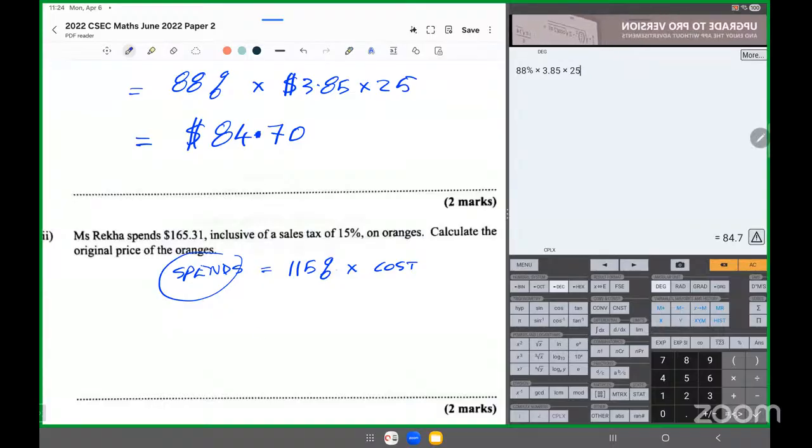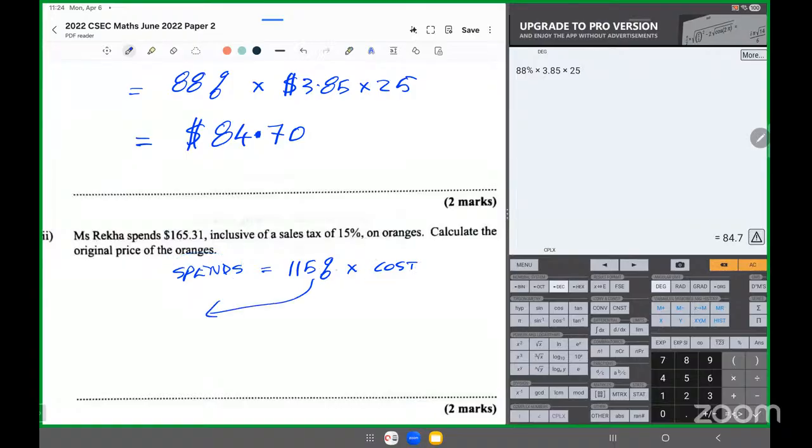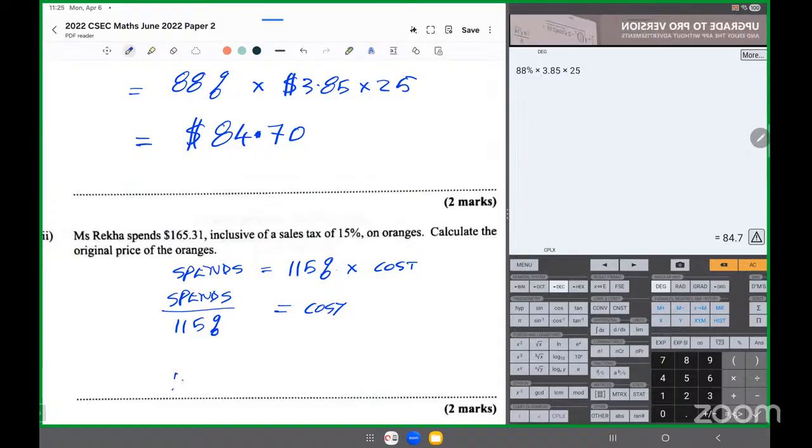So she's spending 115% of the cost. To find the cost, you just divide by 115%. So the cost is the amount that she spends divided by 115%.